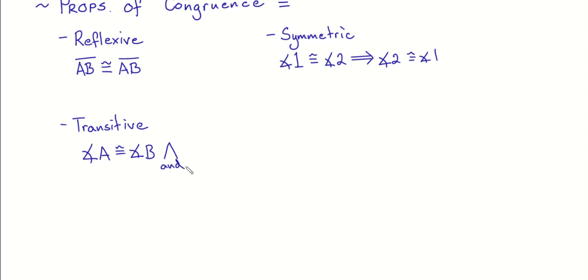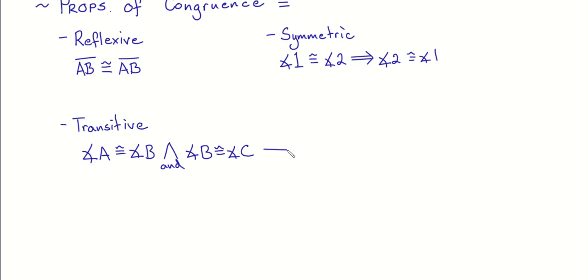You don't have to write "and." This symbol, just the capital A without the cross, literally means "and" in any math book you'll ever find. So I'm going to claim that A is congruent to B. But more than that, I also am given that angle B is congruent to angle C. A is congruent to B and B is congruent to C.